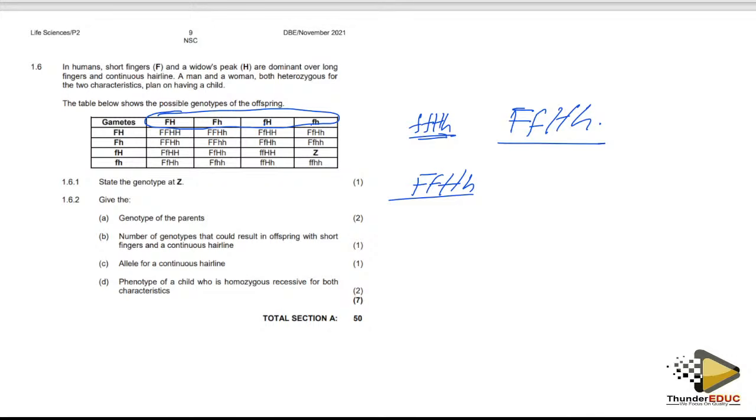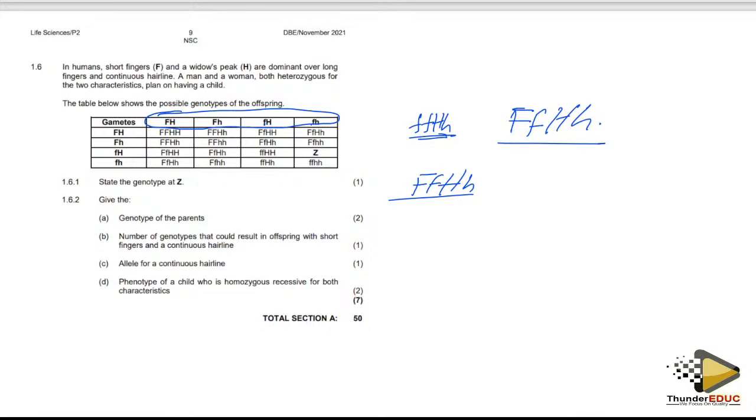So there is another question here. This question is about pedigree again. What are they saying? One type of defect in humans is carried on a single allele. The diagram shows the inheritance of deafness in a family.